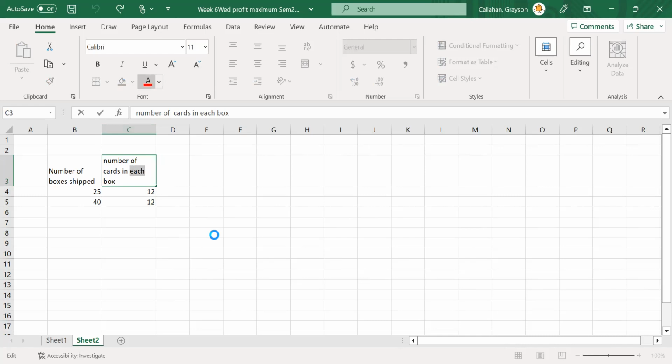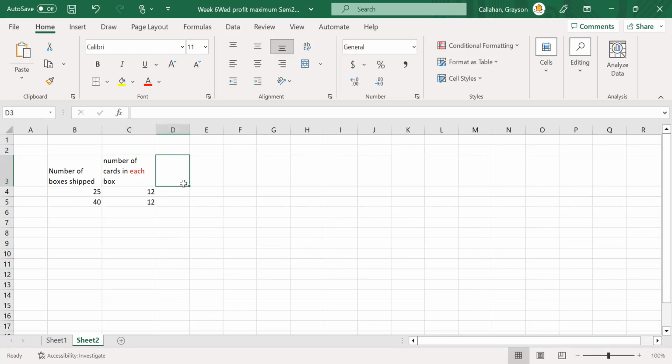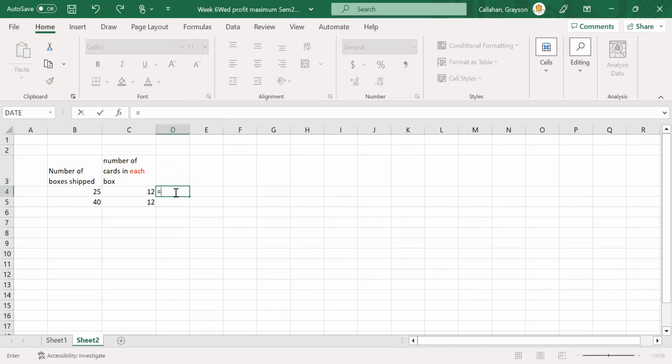This is important because one box gives you 12 cards, right? How did you get 480 and 300? But what does the 300 represent? What does 480 represent?